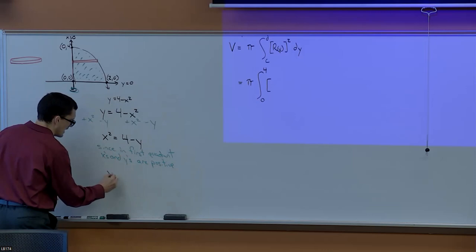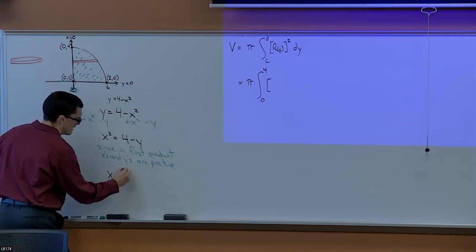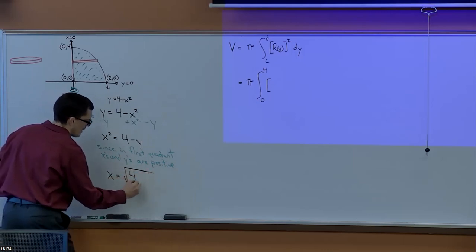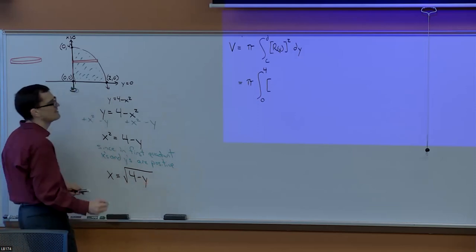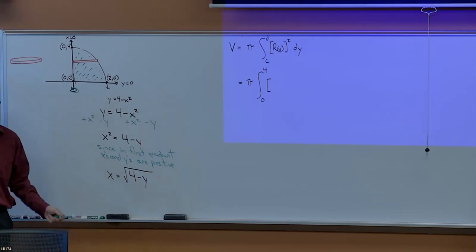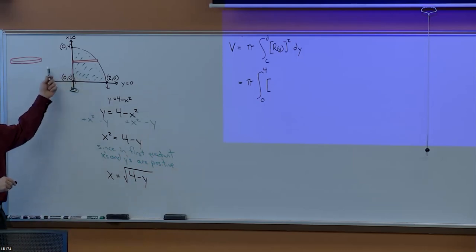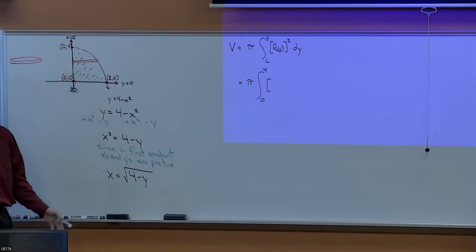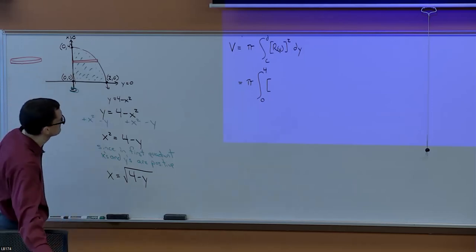So I can let x be equal to the positive square root of 4 minus y. Are you okay with that? I would have to be very careful if I did both quadrants. We wouldn't be rotating around x equals 0, excuse me, we would not be rotating around the y-axis in that case.